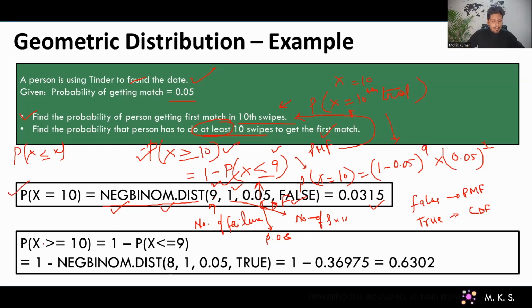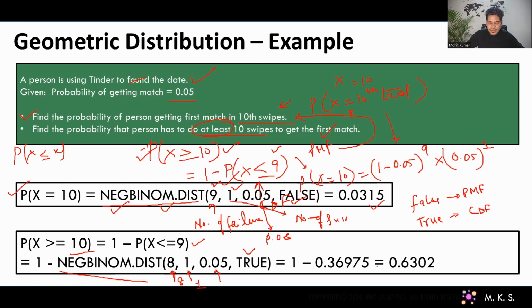Second problem, probability of x greater than or equal to 10. 1 minus the probability of x less than or equal to 9. You can use the formula as well. Or in Excel, we are actually using the same formula we talked about. So 1 minus NEGBINOM.DIST, the first argument, number of failures, is 8. Then number of successes, 1. Probability of success, 0.05. And we are calculating the CDF, so we are writing true.